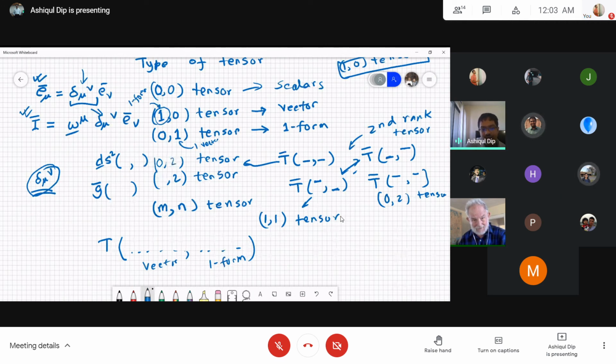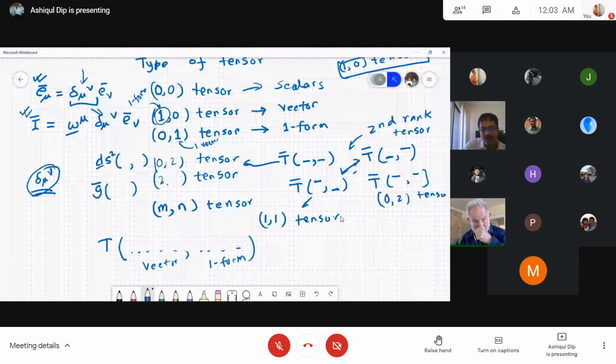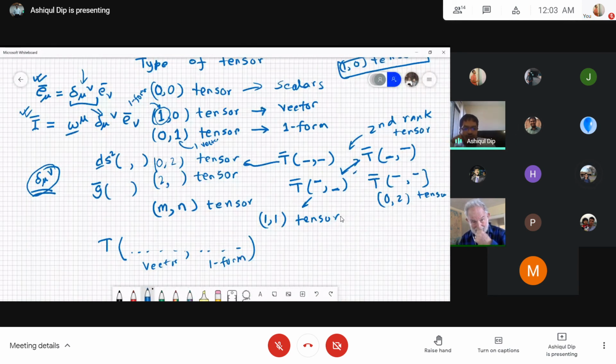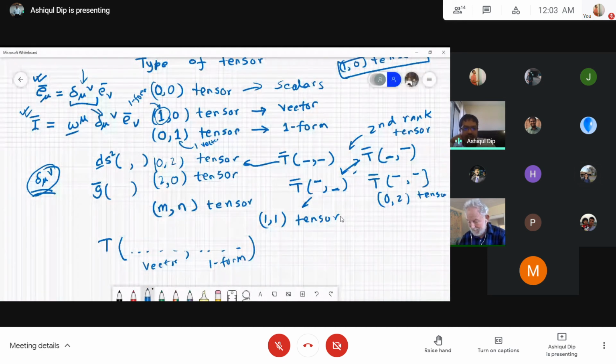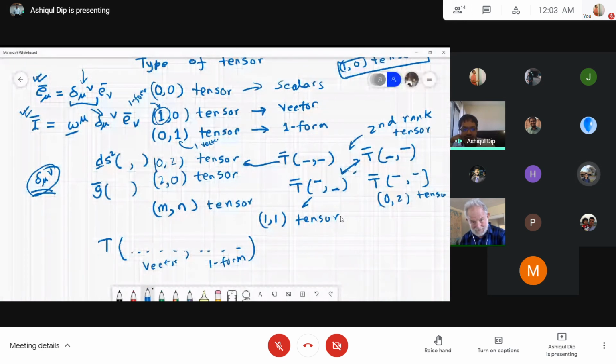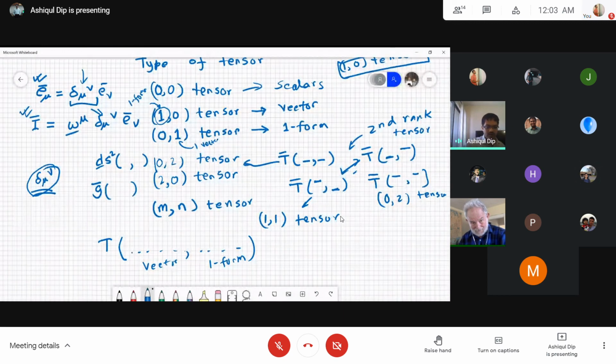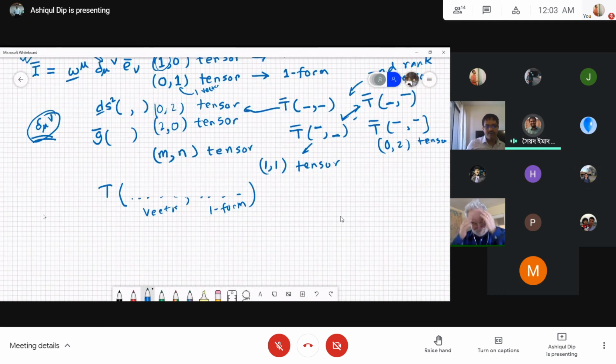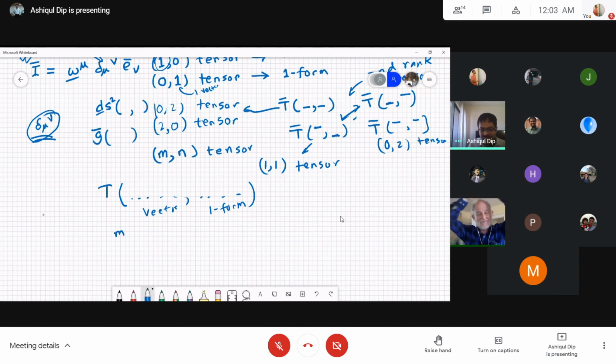I did not notice that. Definition of an (M,N) tensor. Did I write somewhere how many M and how many N? You told M vectors and N one forms. No, it should be opposite. So an (M,N) tensor means it has M type of vector character and N type of one form character.